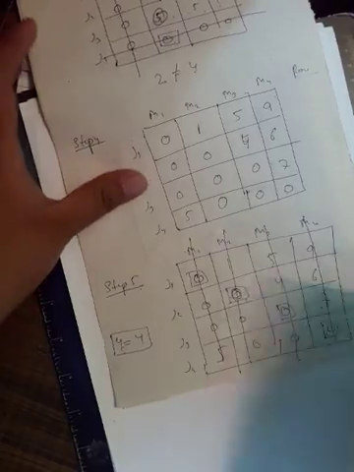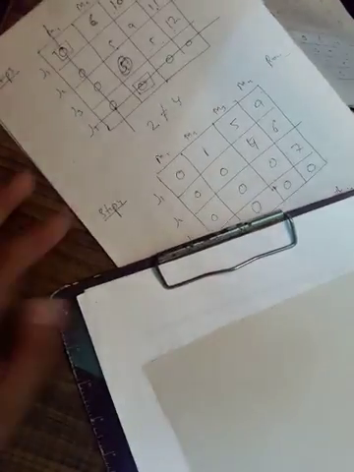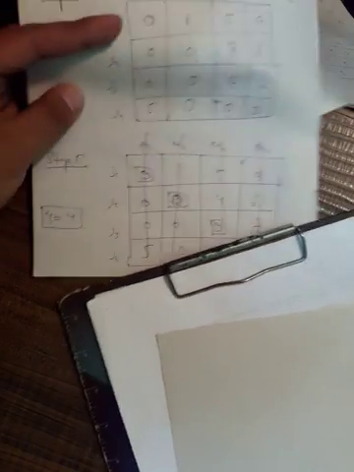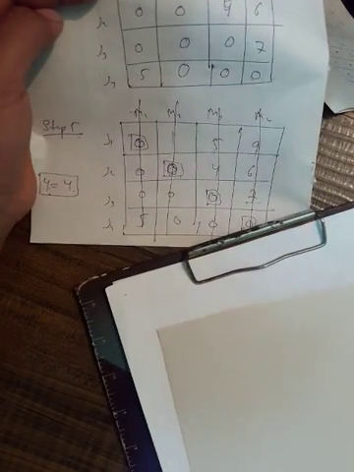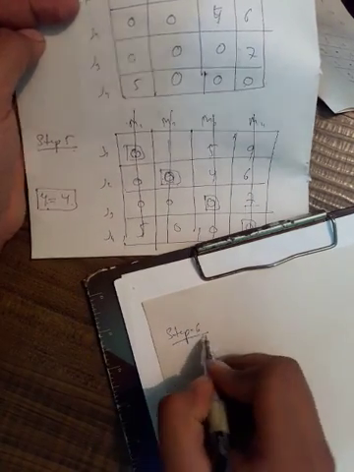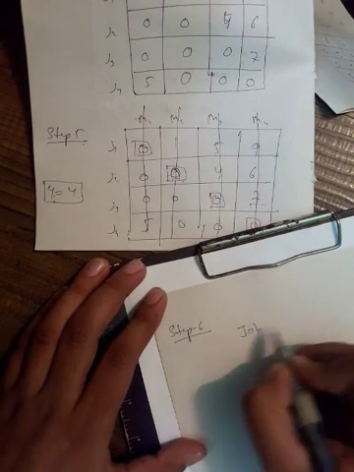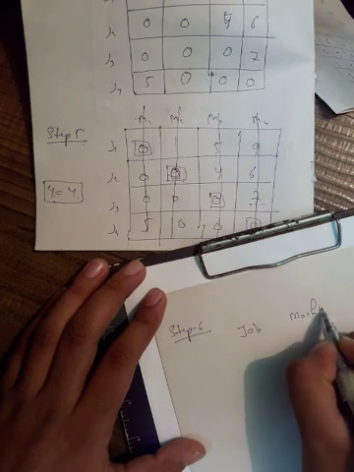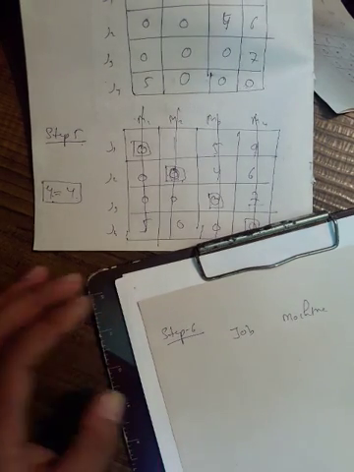So now you have to go for the final step, step 6. Here you have job and machine, see the question.